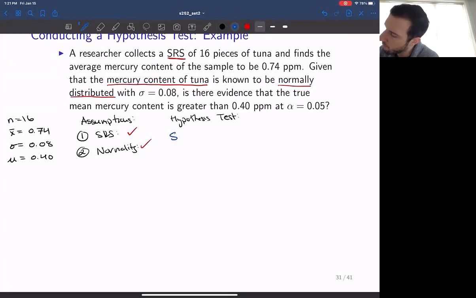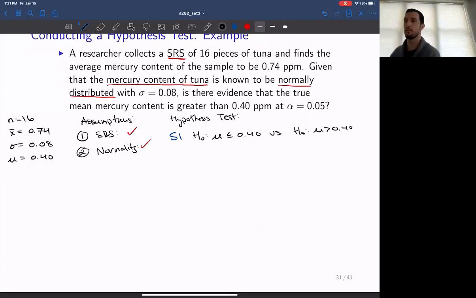All right, so on step 1, we're going to have the following: H naught: mu less than or equal to 0.40 versus Ha: mu greater than 0.40. All right, so let's think about this for a second. I have the greater than sign in the alternative hypothesis. The question that we are being asked is, is there evidence that the true mean mercury content is greater than 0.4?